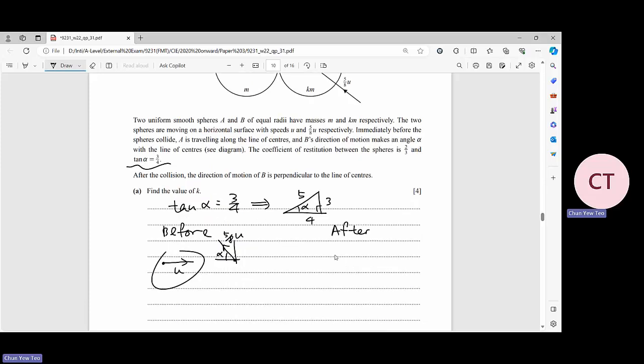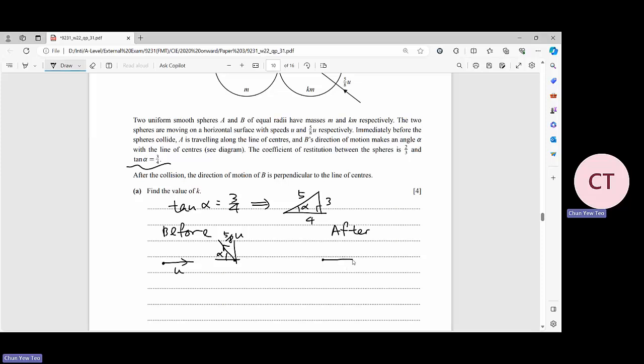After the collision, I assume that A is still moving horizontally, either going this way or this way only. It cannot go slanted because it was moving horizontally at the beginning. So after you collide, it will also move horizontally, either continuing in the same direction or reversing the direction.